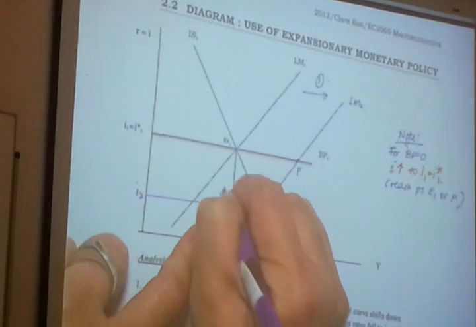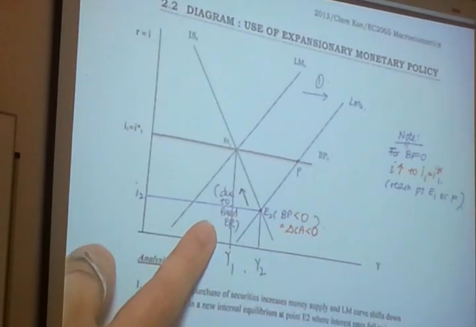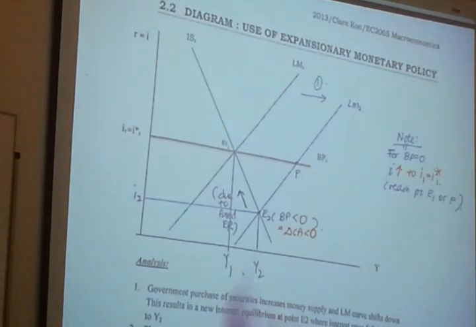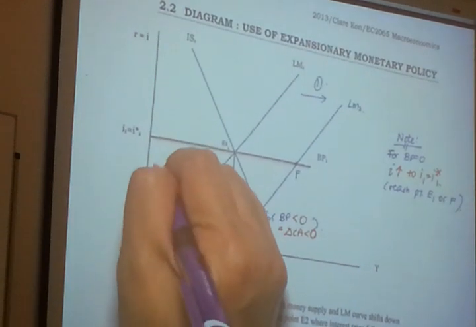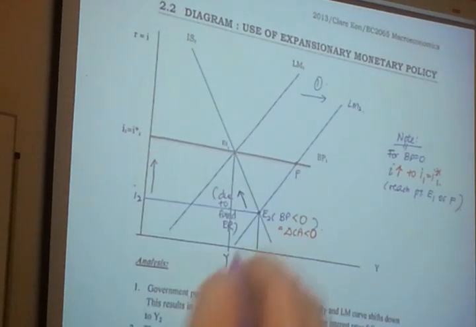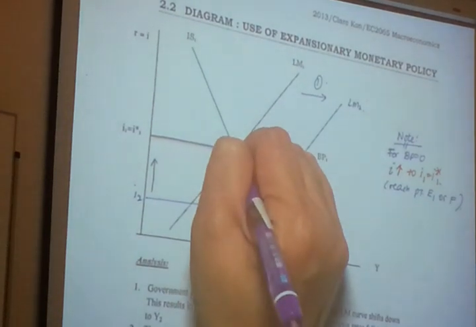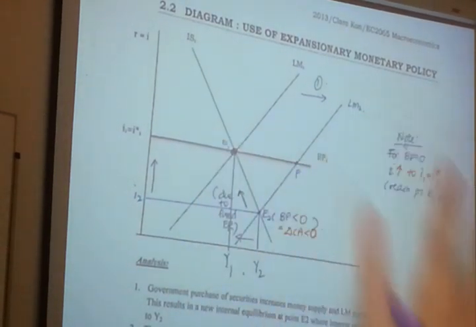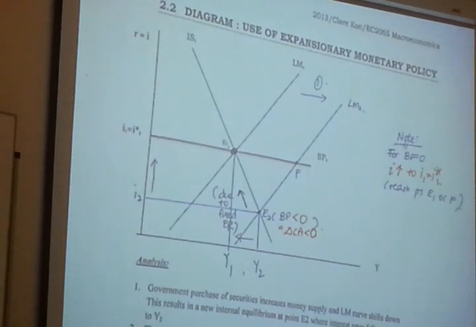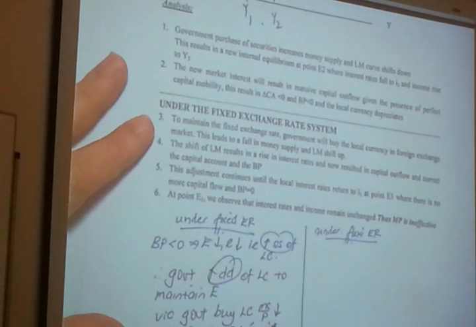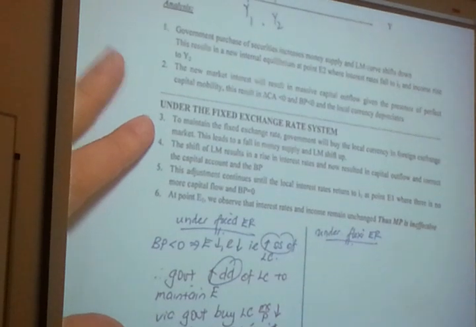So if your diagram is too small, then better to write in this kind of words. So what do you see? Interest rates start to pick up, income starts to drop. And you will end up exactly at one of the points you expected, E1. Right, so in this case, you will say you will reach point E1.